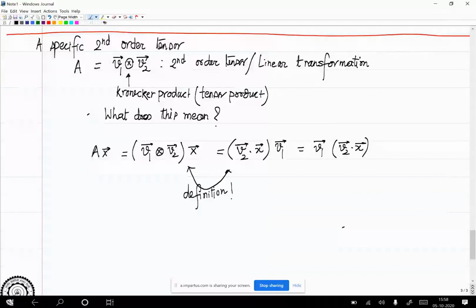Sir, how is it a second order tensor? The order is still not clear to us, why it is a second order tensor. But it's a linear transformation, I think that is clear to you, no? Because it took a vector and gave you another vector. Is V1 tensor product V2 a scalar?